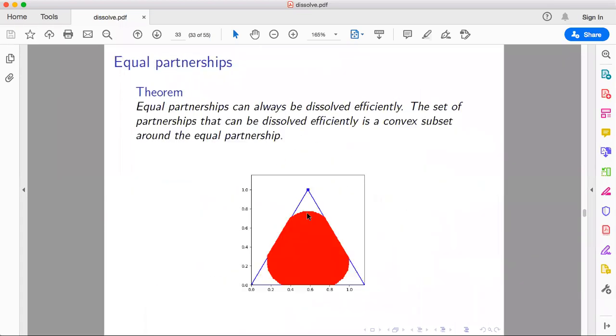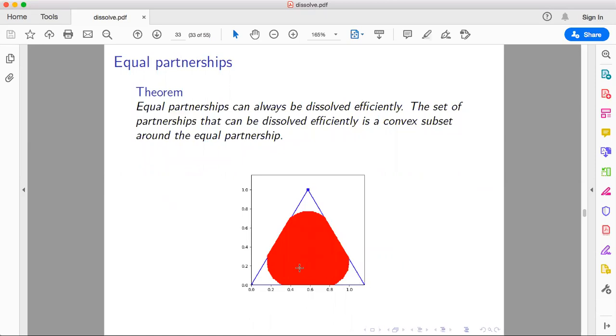As you can see, the set of partnerships that satisfy that condition is a convex subset around this equal partnership. It contains the equal partnership. It also contains many other things. But notice that it never contains the extreme partnerships. This 1, 0, 0, 0, 1, 0, 0, 0, 1 are never covered.